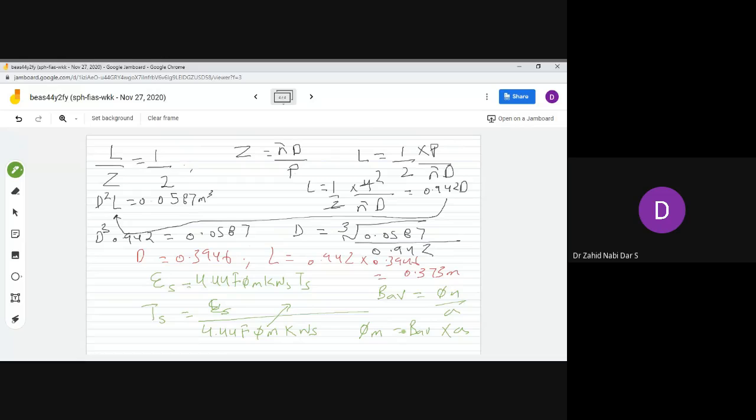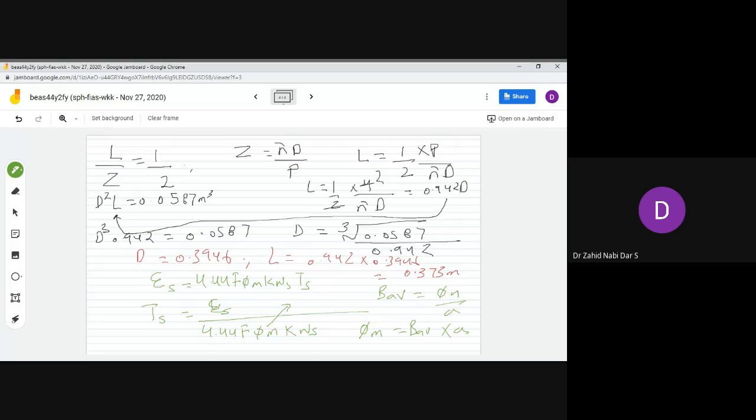In order to calculate the area, area would be equal to pi dl by p, because it is cylindrical and we need the area per pole, since it is the maximum flux per pole.